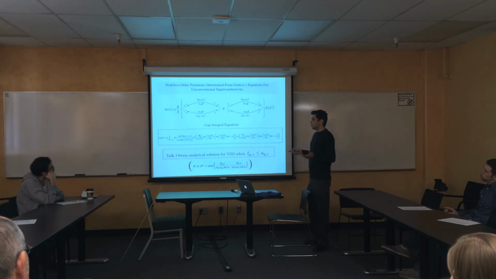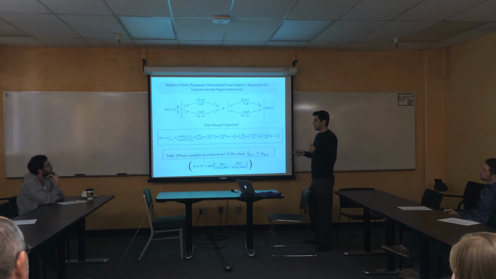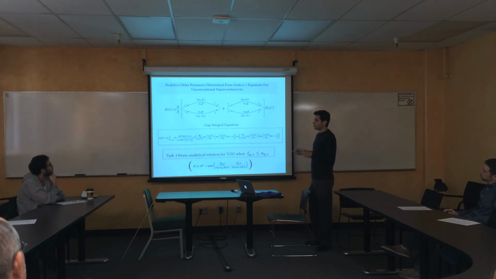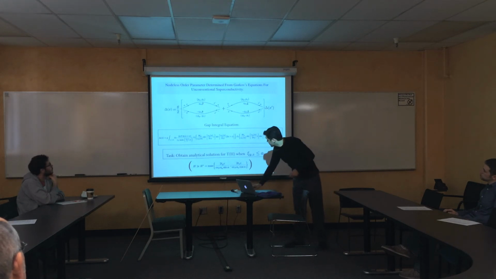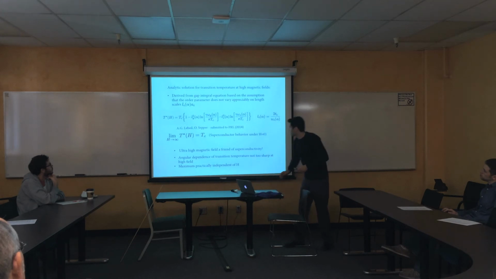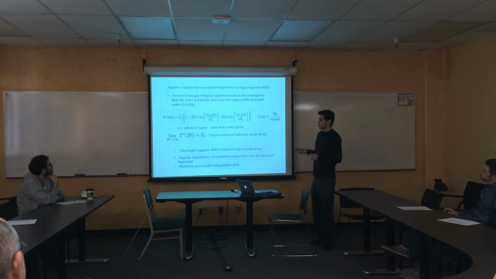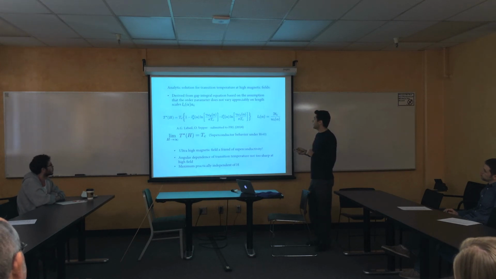But the Bessel function of 0 is 1. So you essentially get the same thing as you would if you had a magnetic field of 0 inside. So this confirms our expectation that superconductivity should be restored in this sense.